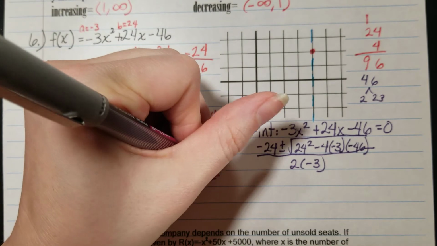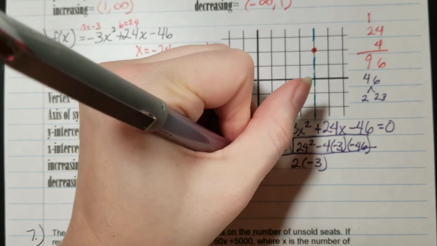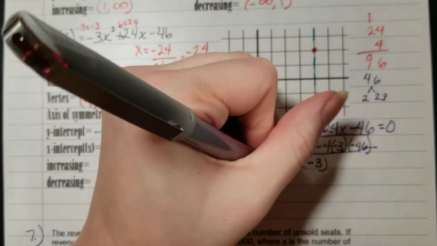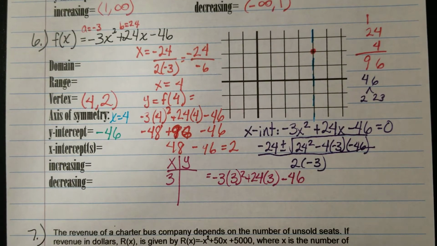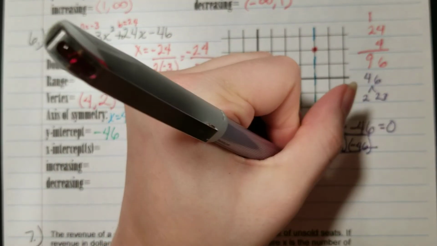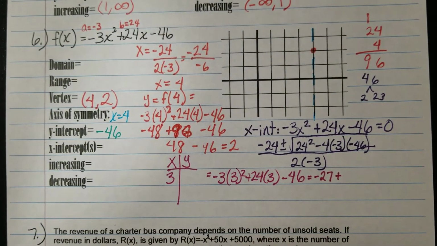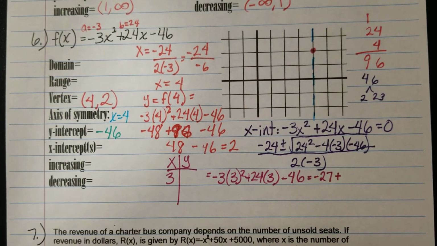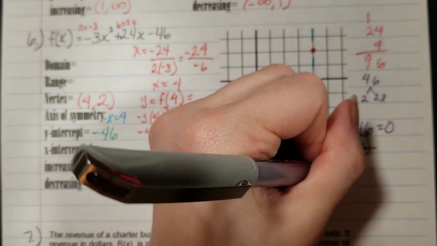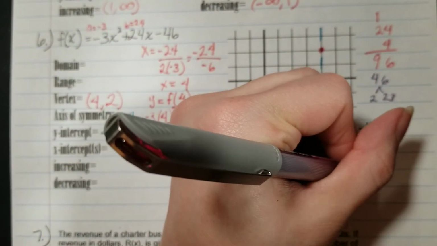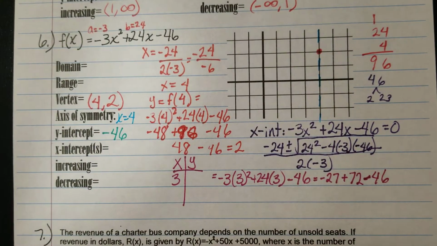All right, so negative 3 times 3 squared plus 24 times 3 minus 46. Okay, so that's going to be negative 27 plus 72 minus 46. Okay, let's see.